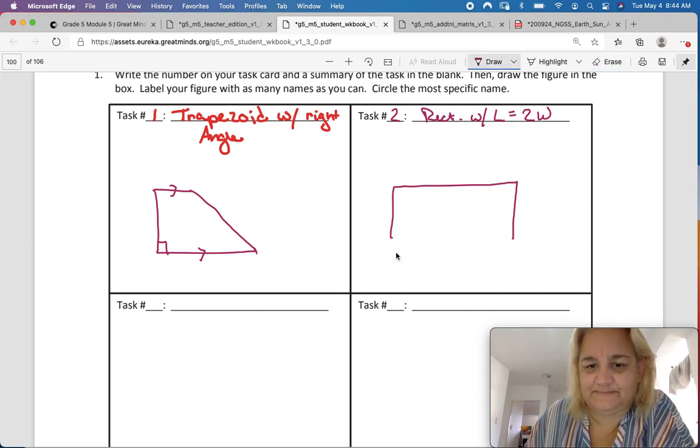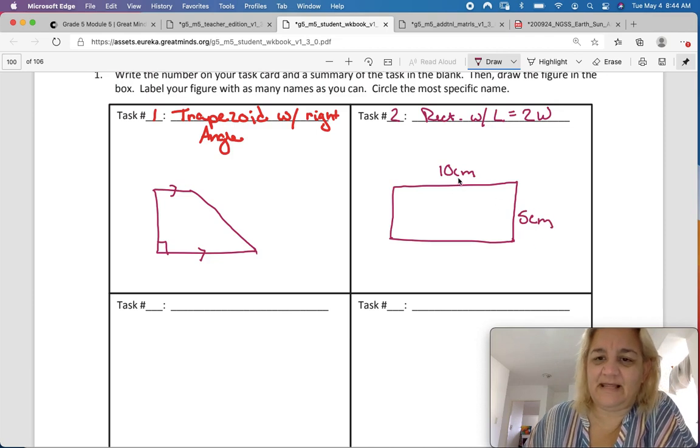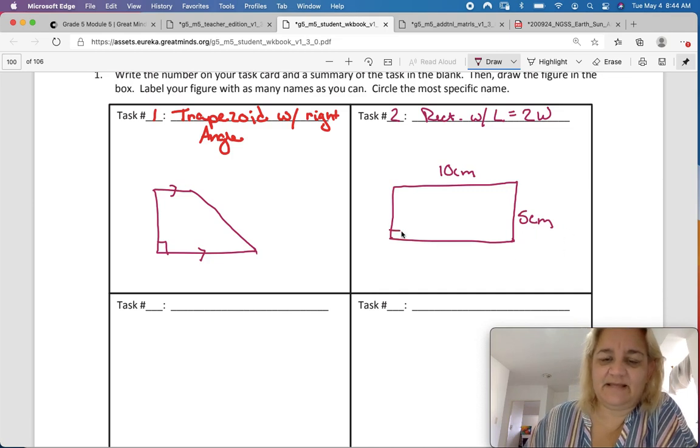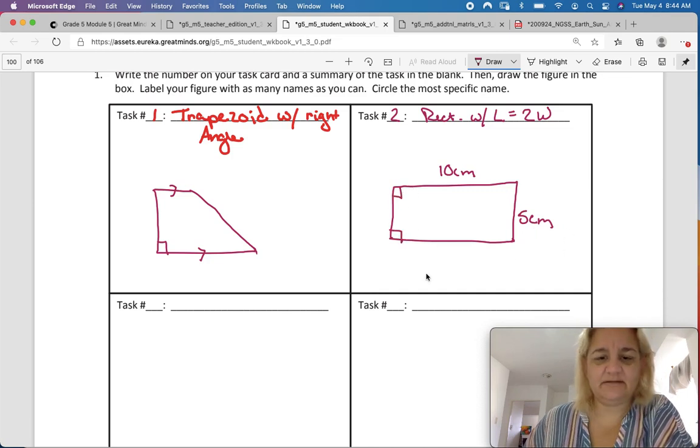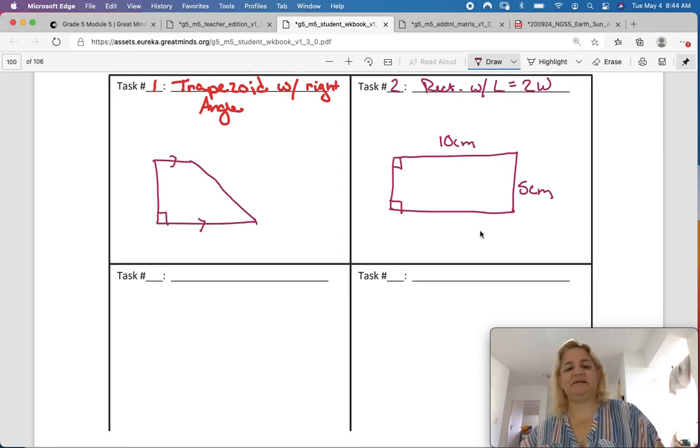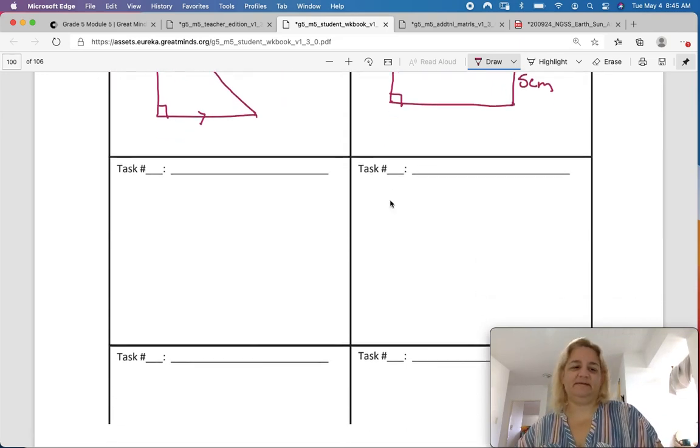Don't guess. Okay, so if that's 10 centimeters and that's 5 centimeters, my length equals 2 times my width, right? So 10 equals 2 times 5. And because it's a rectangle, it's got right angles. Now your measurements can be something different as long as they equal that.